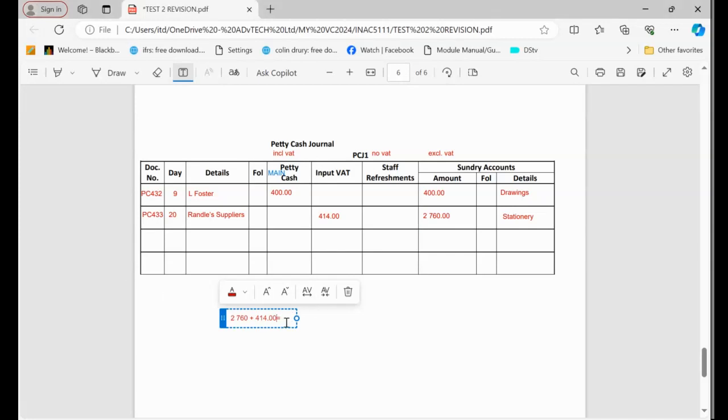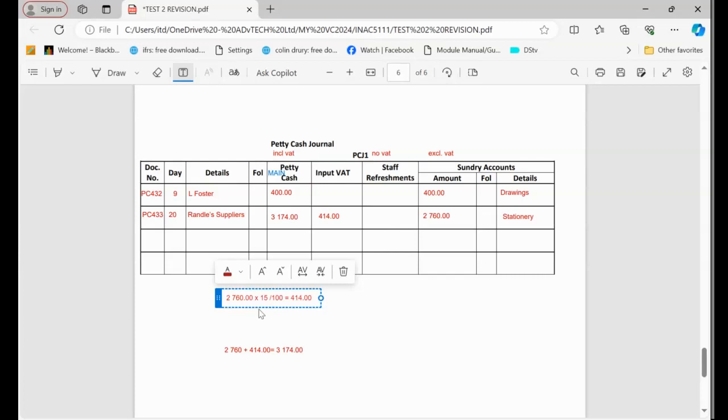So my answer here is 3174, and this is what I'm going to put here. You need to be careful, because if you put this 2760 there, it will give you problems. So you must know where to record first. Thereafter, you just have to come here and total. But like I said before, I prefer you to make sure that you put something at the bottom, especially for the future.